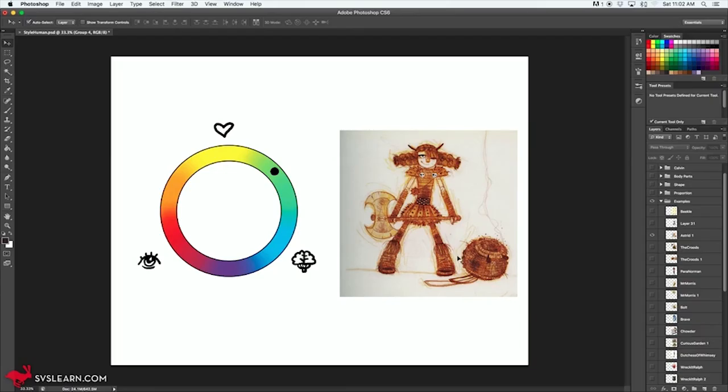Here we have Astrid, early concept art for Astrid from How to Train Your Dragon. And the character designer is really concerned with shape and getting interesting shapes and putting interesting proportions and shapes together to get across that this character is fun, it's energetic, she's adventurous.